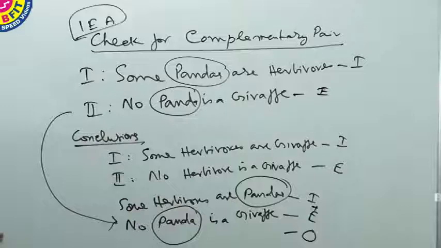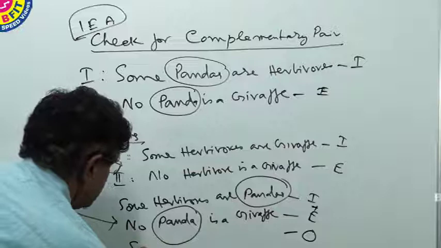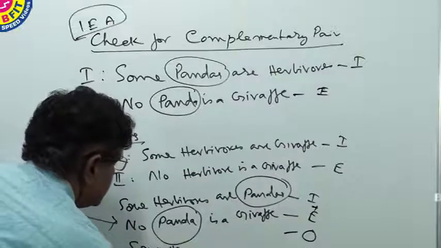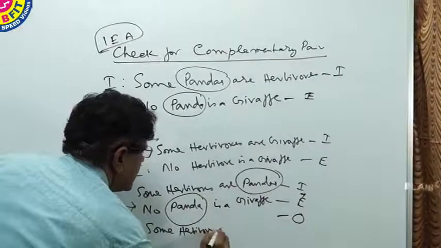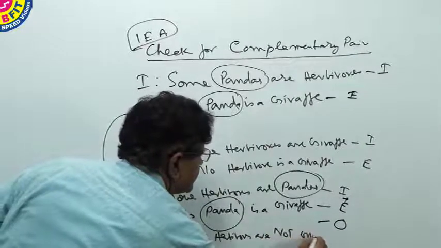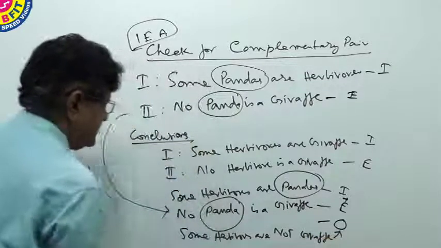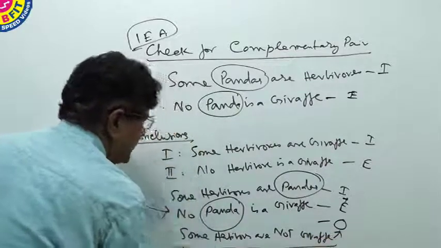What is O type? Some herbivores are not giraffe. That is the only valid conclusion you can draw.